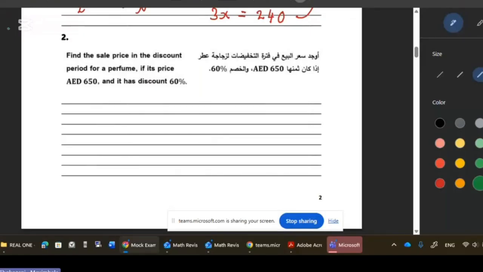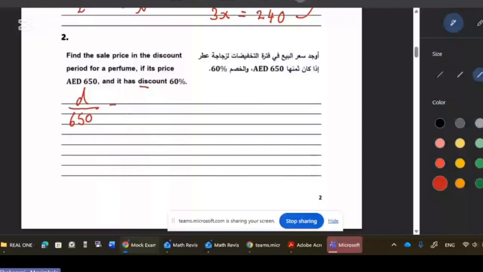So I'm going to use D, which is for discount, and I'm going to say all over. Then I'm going to look at the cost. What was the cost or the price? In this case, it was 650. And I'm going to say equal to.